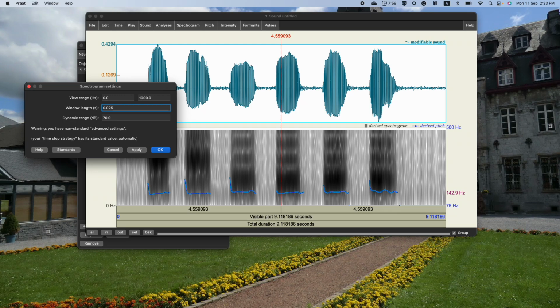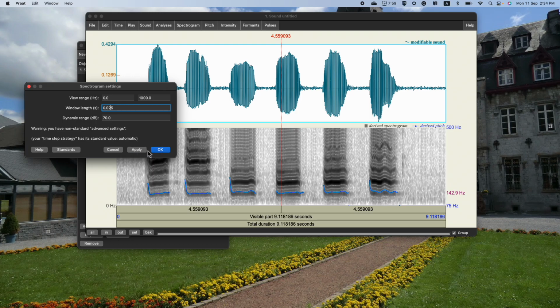For 100 Hertz it is 10 milliseconds. So for 150 it is less than 10 milliseconds. So I have taken my window length to be 25 milliseconds, which means it will contain about 3 cycles probably. I can take even smaller to include fewer cycles.